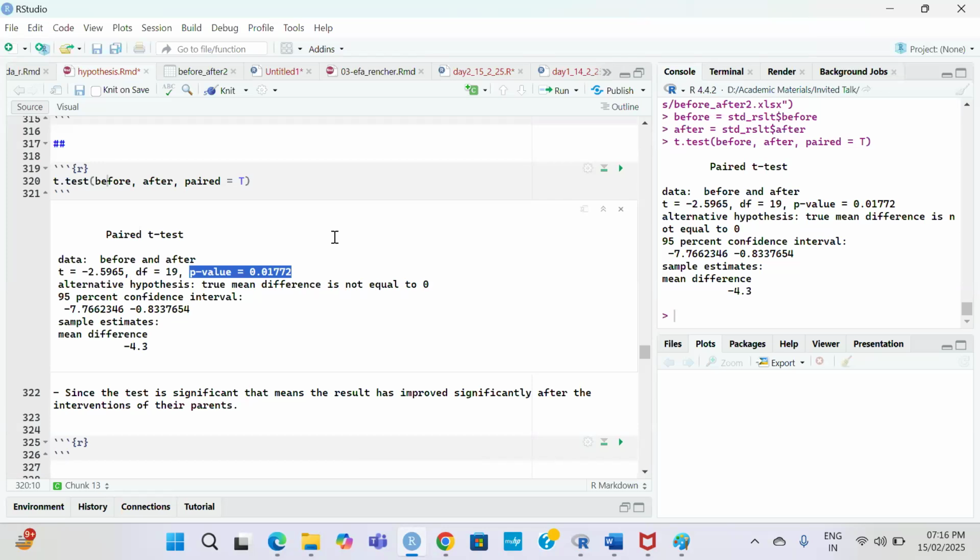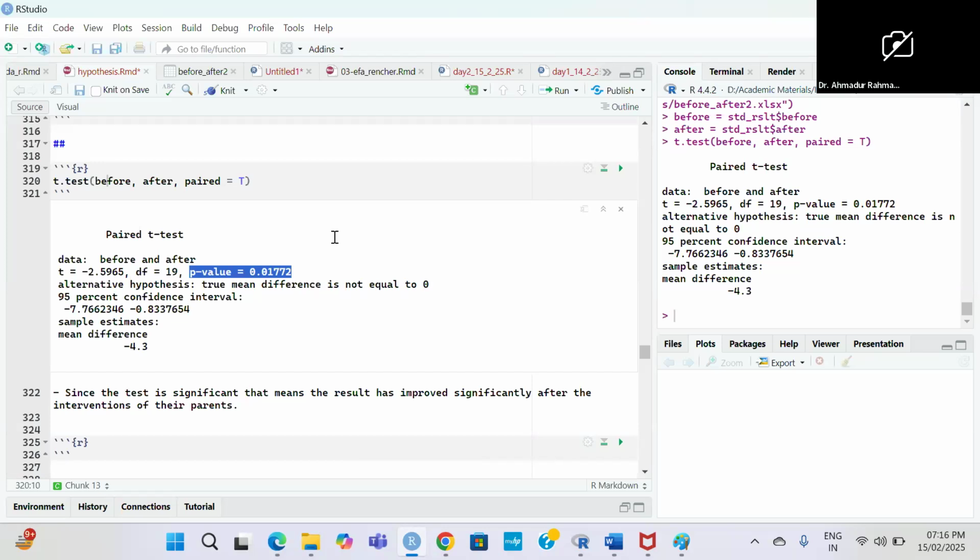Here we said first null hypothesis that mu1 is equal to mu2. Mean before और आफ्टर की जो कंडीशंस हैं both of them are equal, there is no difference between the two. In an alternative we are saying that mu1, mean the marks before, are less than the marks after interventions.